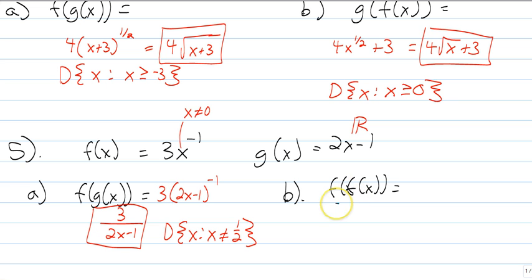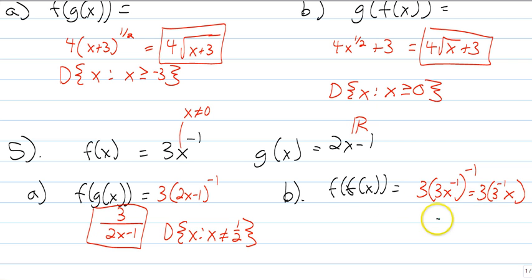F of x. Let's see what happens here. We get 3, and then we input 3x to the negative 1, and then to the negative 1. Again, a lot of people forget to raise this 3 to the negative 1. So this turns into 3 times 3 to the negative 1 times x. Because x to the negative 1 flips it back, it's 1 again.